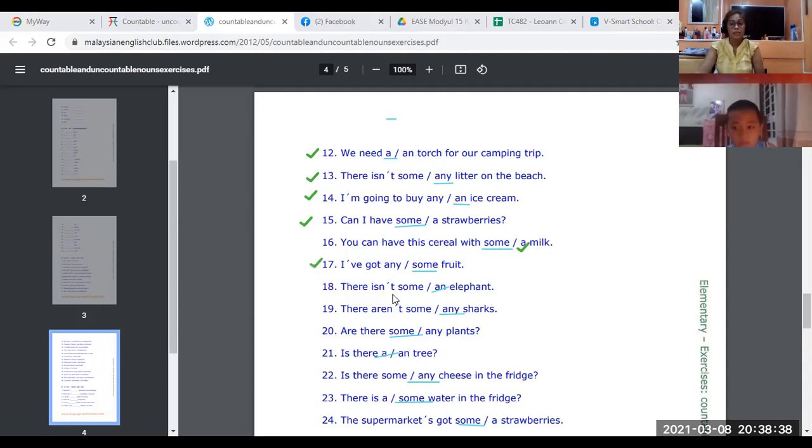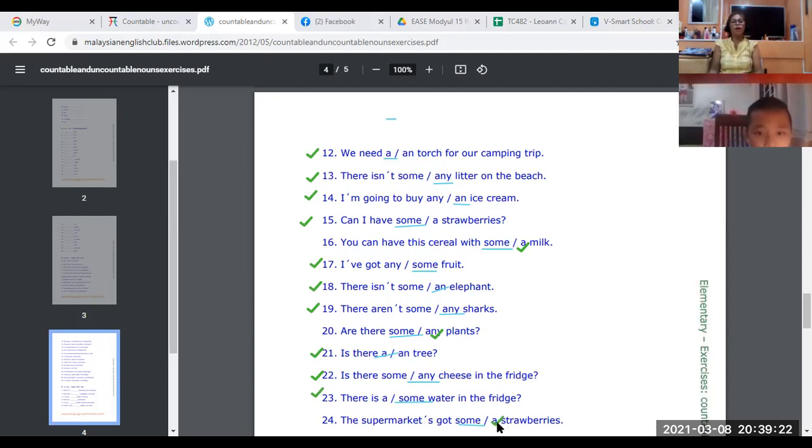There isn't an elephant, because you can count elephants. There aren't any sharks. Are there any plants? Is there a tree? Is there any cheese in the fridge? There is some water in the fridge. The supermarket got strawberries.